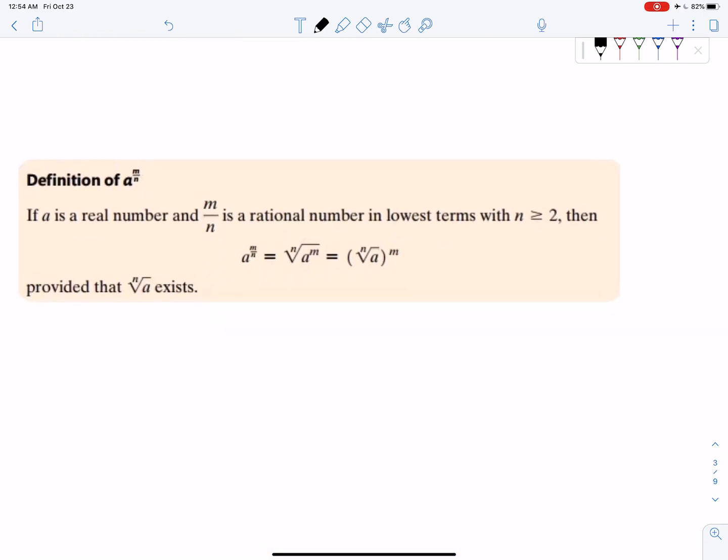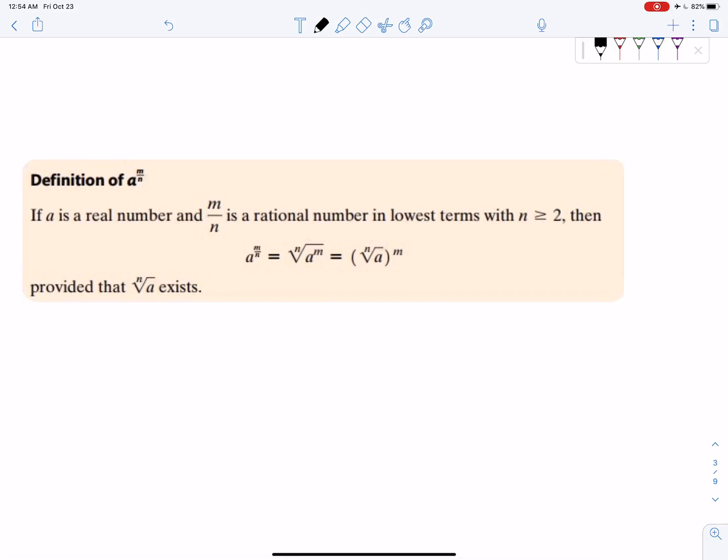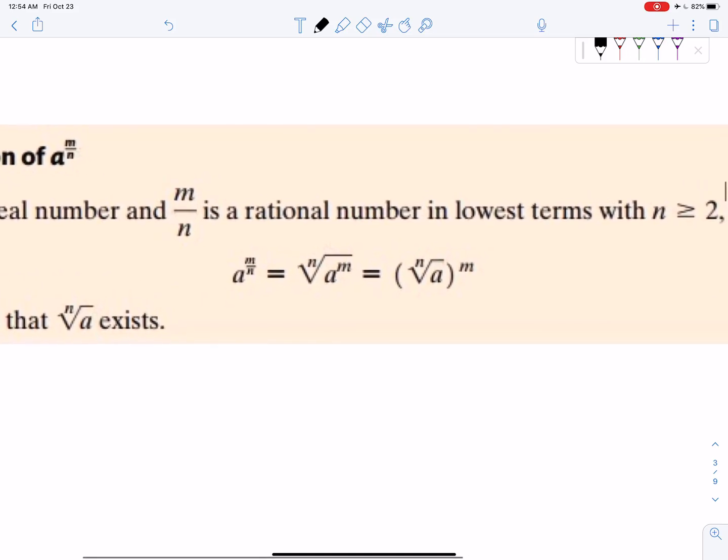It says, so this is the definition of a base raised to a fraction, also known as a rational exponent. So let's just use some color and kind of talk about it first. If you have a base of a raised to the m power over n, it's a fraction, m over n, the denominator is going to be your index.